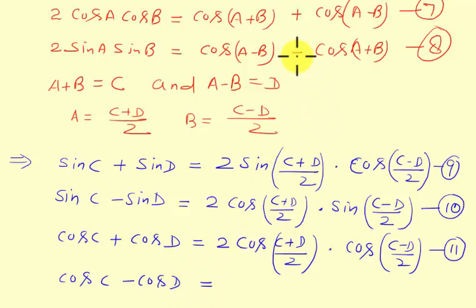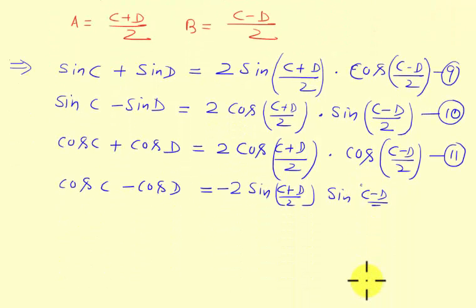This time it is cos A minus B minus cos A plus B. So, it will come, but here we have written cos C minus cos D. So, minus will go there. So, it will become minus 2 sine (C plus D by 2) into sine (C minus D by 2).